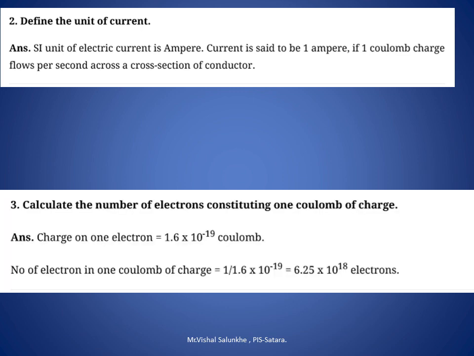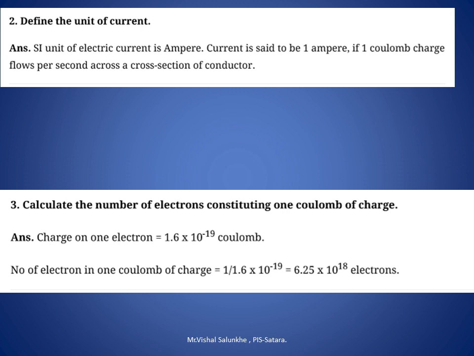Next, calculate the number of electrons constituting 1 coulomb of charge. My dear student, we know that the charge on 1 electron is always 1.6 into 10 raised to minus 19 coulomb. Now here we have to calculate how many electrons 1 coulomb contains, isn't it?